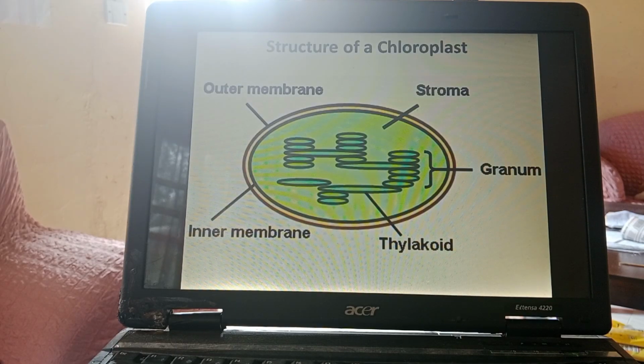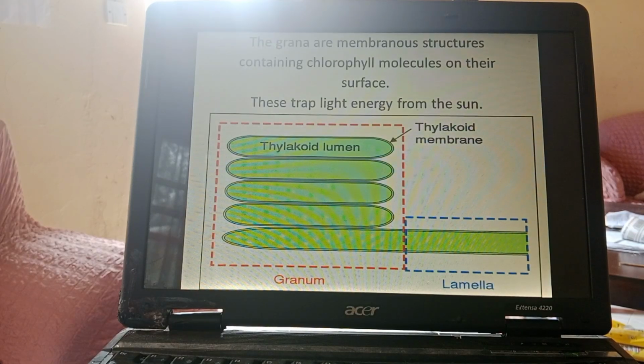Structure of the chloroplasts. Look at it, guys. We have the outer membrane and the inner membrane. Then the fluid inside is known as the stroma. And then we have the granum. And we have what we were calling thylakoid. The grana are membranous structures containing chlorophyll molecules on their surface.